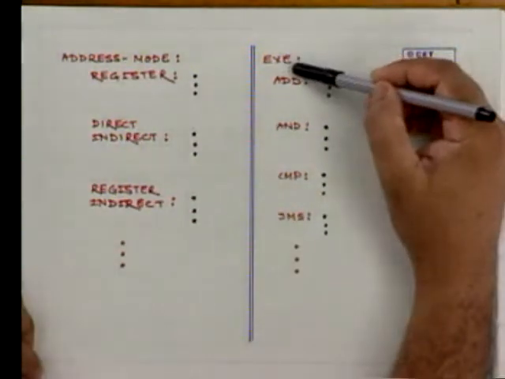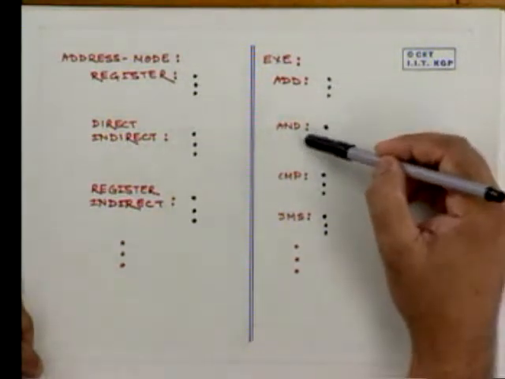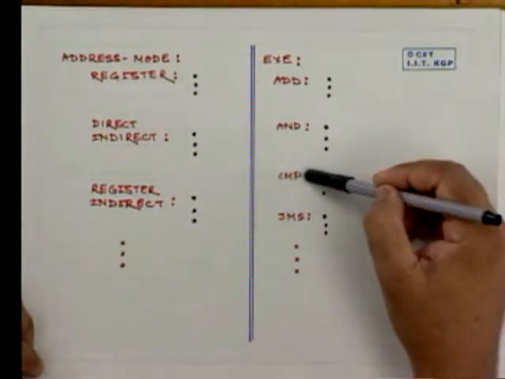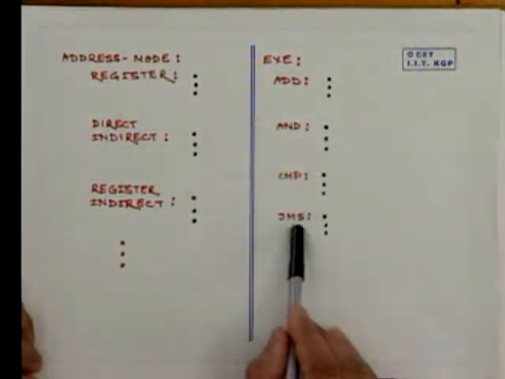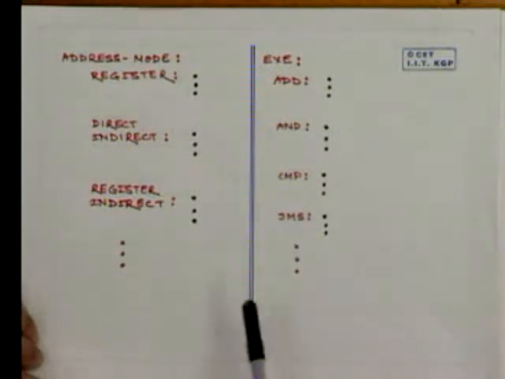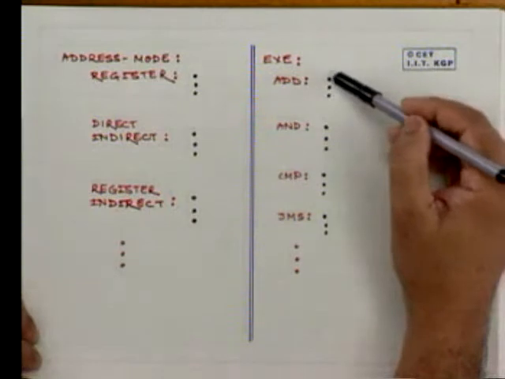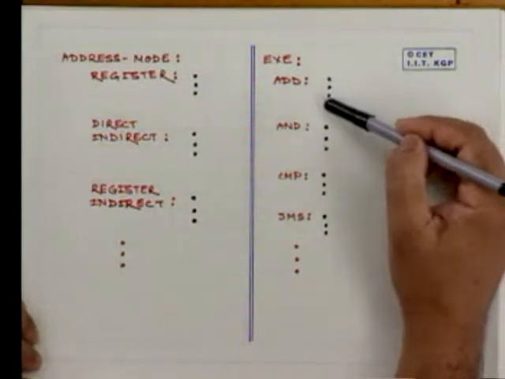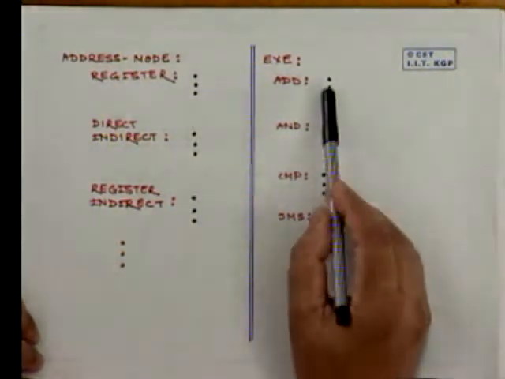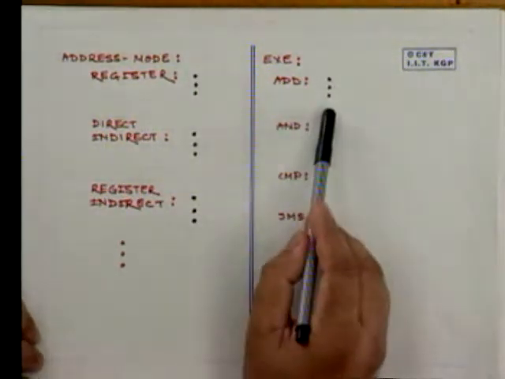Similarly, when you come to execute for adding, subtracting, multiplying, ANDing, comparing, for executing JMS instruction, jump to subroutine instruction, which is a call instruction, so to say, separate microcodes will be there, separate subprograms will be there, which will be executed. And after execution of each instruction, each subprogram, the control should come back to the fetch once more.